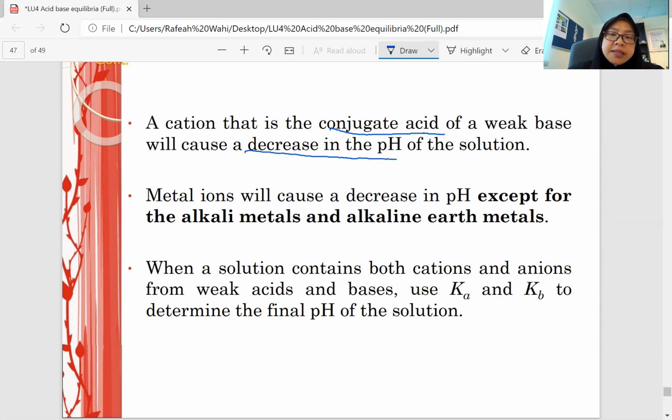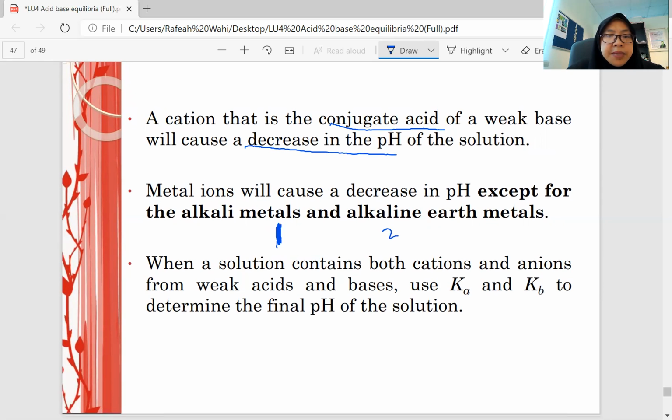These are metals from the periodic table, the first column elements and the second column, the alkaline earth metals.